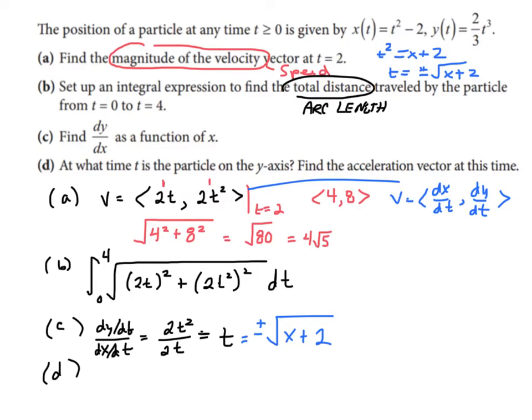Finally, find the time that the particle is on the y-axis. Well, if something is on the y-axis, that means that it's somewhere along here, and that means that the x-coordinate must be 0. So let's go up here and say that x is 0, so that means that t squared minus 2 is 0. So that means that t is either plus or minus the square root of 2.